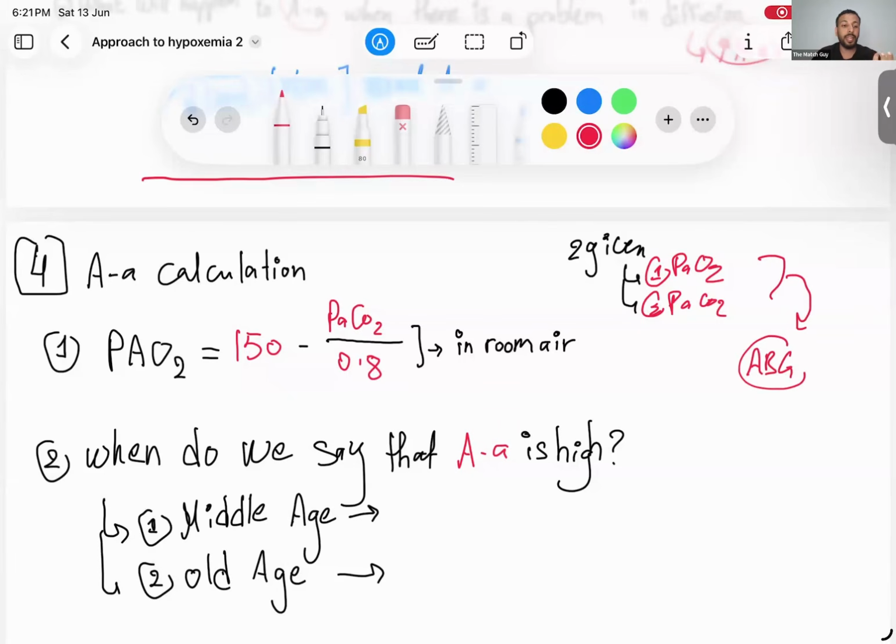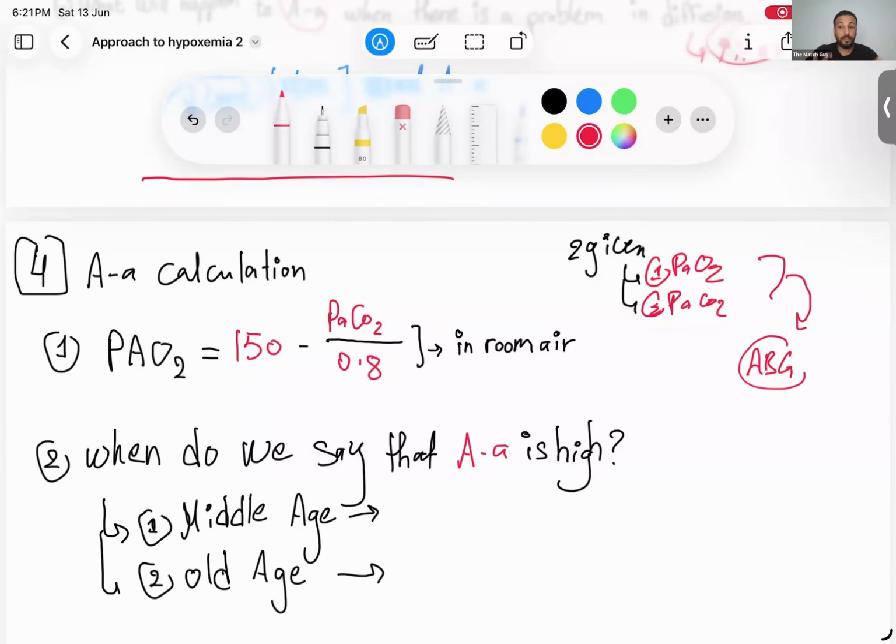We calculate it. How can we calculate it without going into details? There is a direct relation between the arterial level of CO2 and the alveolar level of O2. You don't have to know how it came about; you just need to memorize this equation.